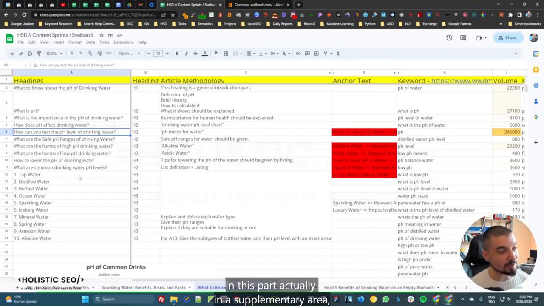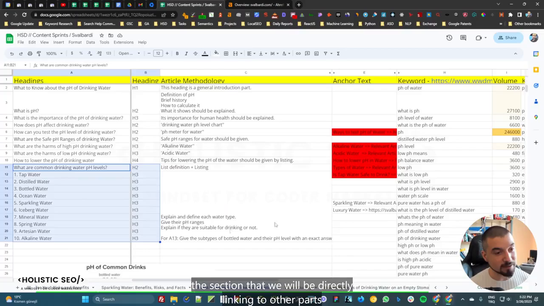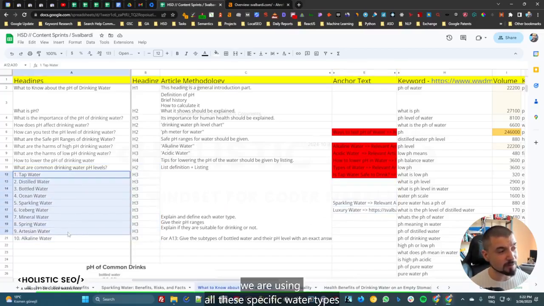That's why in the supplementary area, the section that we will be directly linking to other parts, we are using all these specific water types because we will be diving into all of the pH levels of these waters.